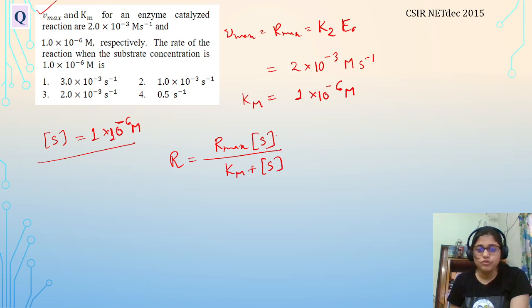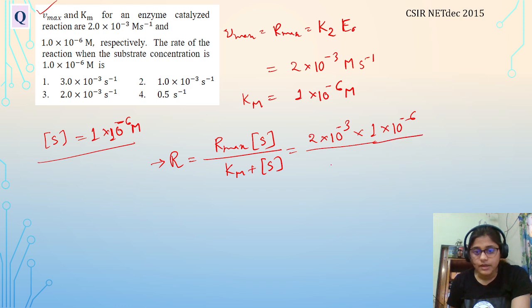So we have to know the S concentration. The values are given. R max is 2 into 10 to the power minus 3, and we have to find out the R value. S is given as 10 to the power minus 6, and Km value is 1 into 10 to the power minus 6, and S value is also 1 into 10 to the power minus 6.